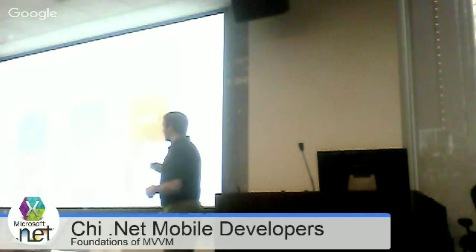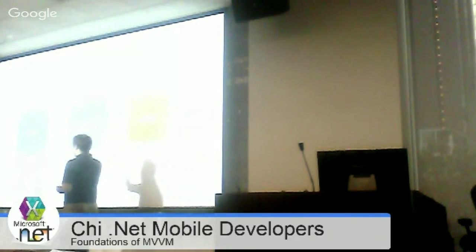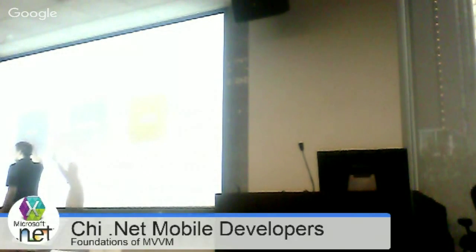So let's walk through what MVVM actually is first, then we'll get into it. So we have the view. In the separation of concerns, the view is responsible for how it presents content to the user, be it HTML, be it a GUI, be it even a console application to a degree. The view model is a class-based representation of the view.